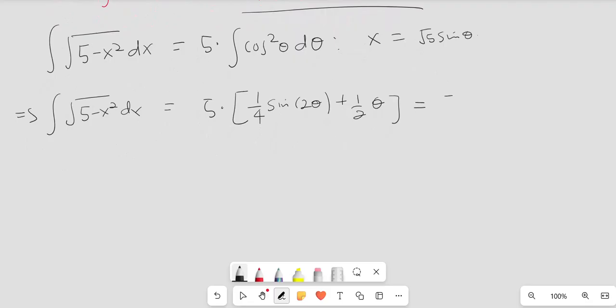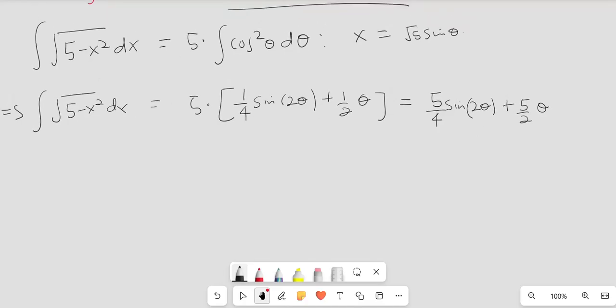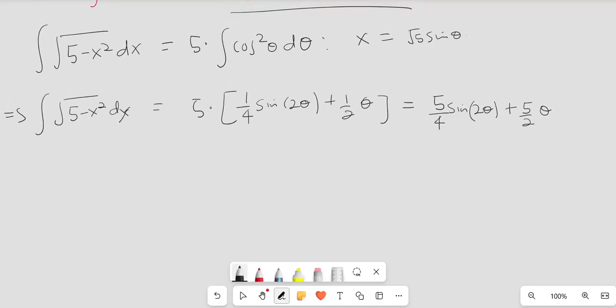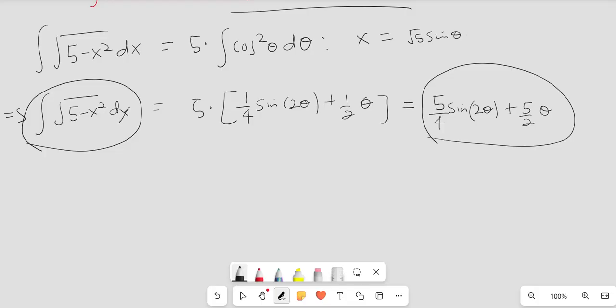So we distribute: 5/4 sine 2 theta plus 5/2 theta. Now we have to move back from the theta world into the x world, because our original integral is in terms of x, and our final answer is in terms of theta.